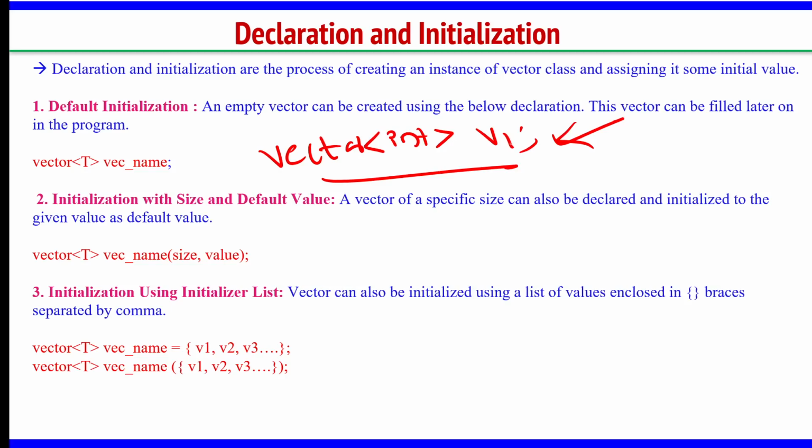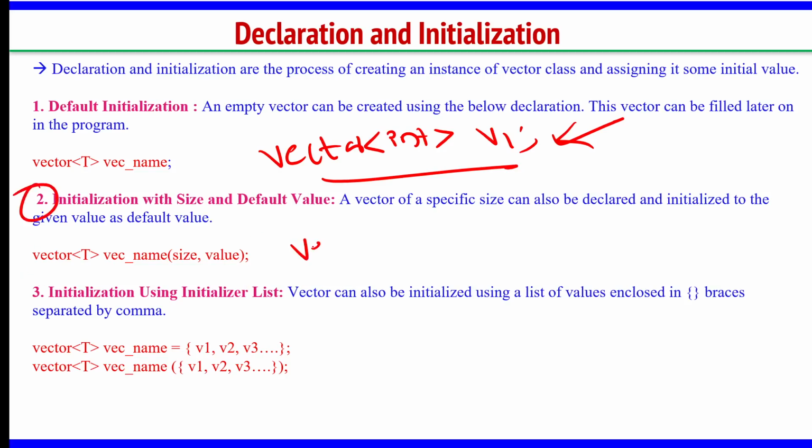You want to delete, you can delete them. There is no problem about the size of the vector. Okay. But if you want to give some size to a vector, then you have to assign and initialize both. Declaration and initialization both can be done in a single statement with the second syntax.